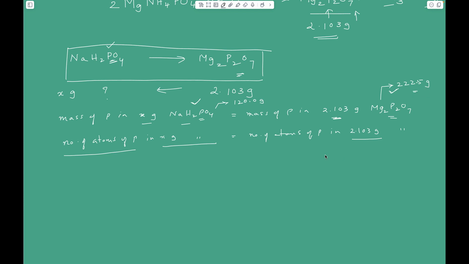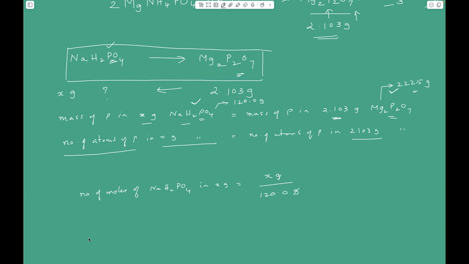Now here we have x grams of this compound. If you divide the given mass by the mass of 1 mole, you will get the number of moles. So the number of moles of NaH2PO4 in x grams of that substance is x grams over 120.0 grams.